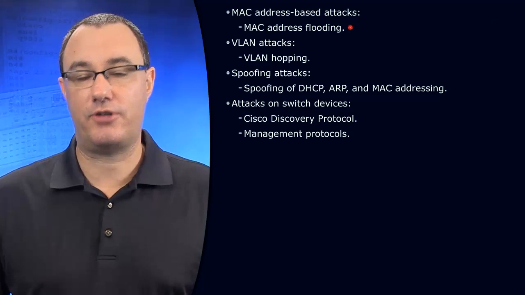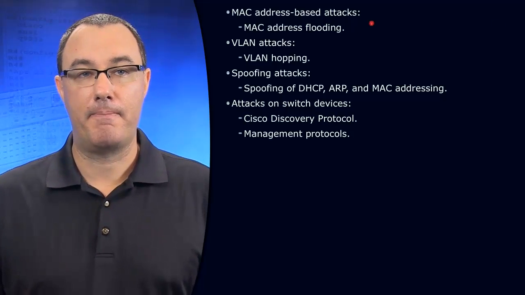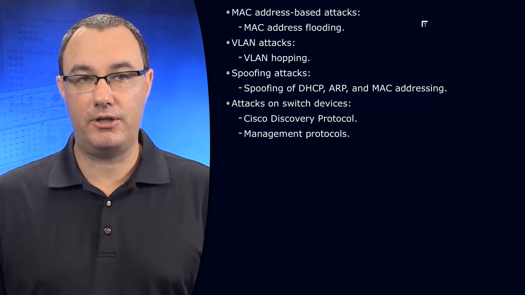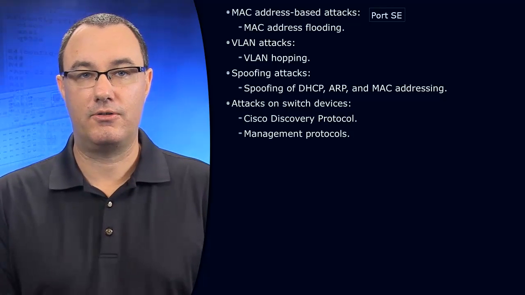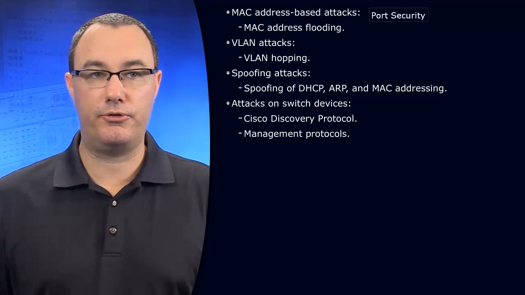We have to know how to stop these attacks, starting with how you stop MAC address-based attacks. A fix is there. You need to know this fix. The solution is port security. You need to know the solution here.